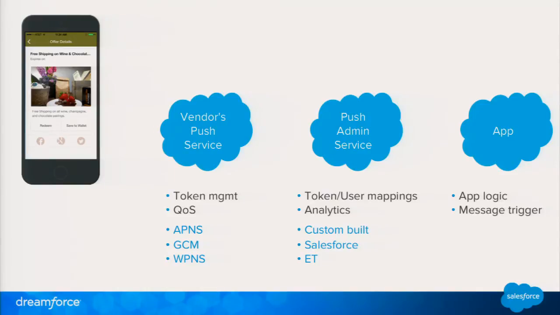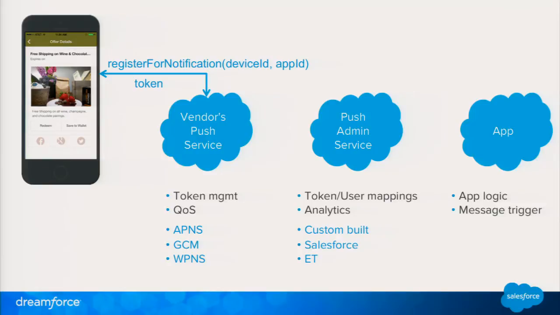So there are services that you can use in the middle, like third-party services, that are going to take care of device management and token user mappings and grouping tokens and subscriptions and things like that. So now, with that last, and I promise, as you can see, there is no more room for a fourth cloud here. It's going to work exactly like this.